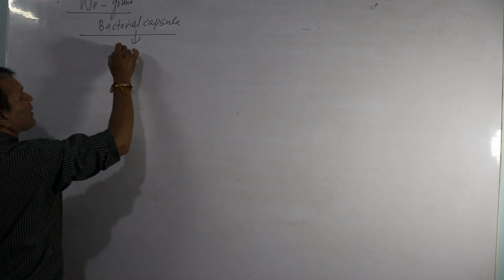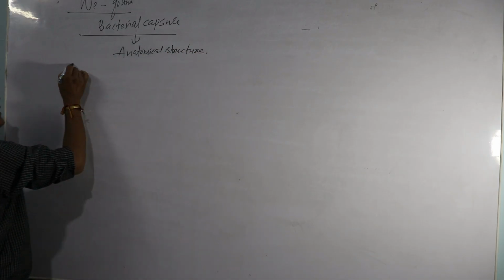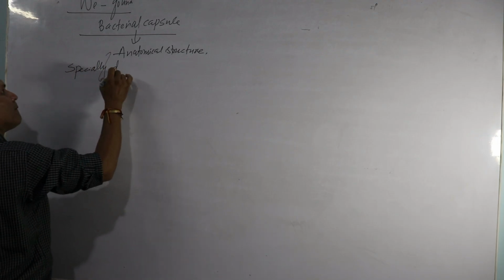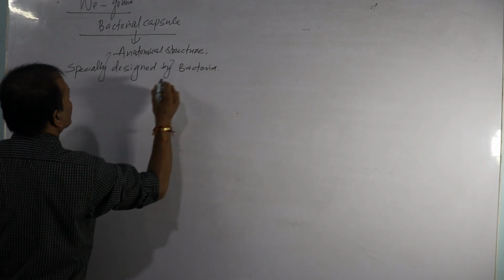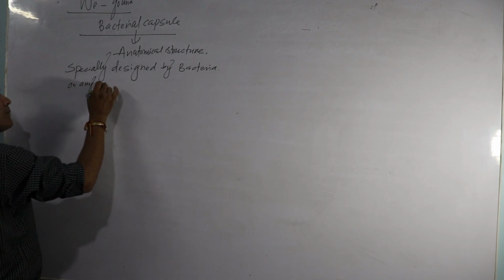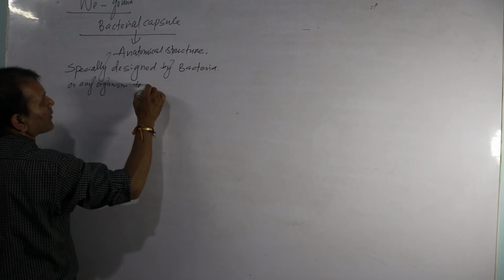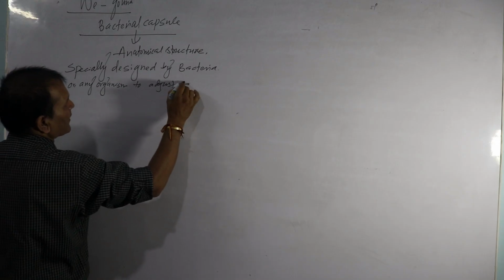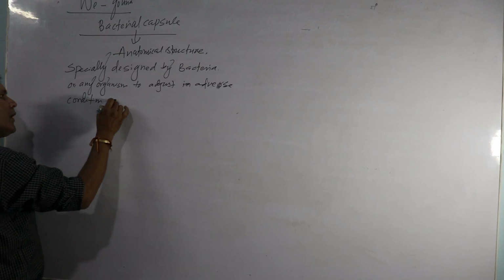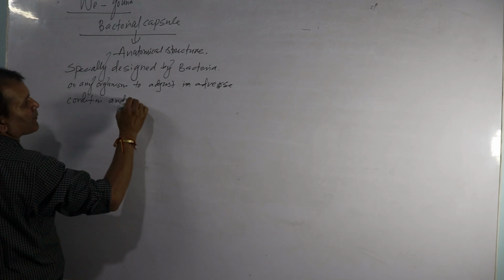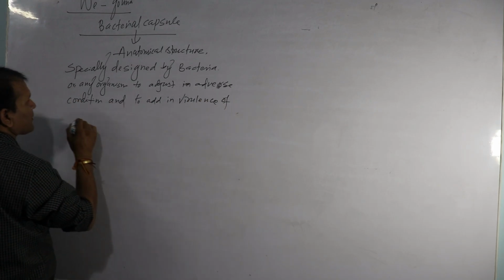Bacterial capsule is an anatomical structure especially designed by bacteria or any organism to adjust in adverse conditions and to aid in the virulence of the pathogen, of the organism.